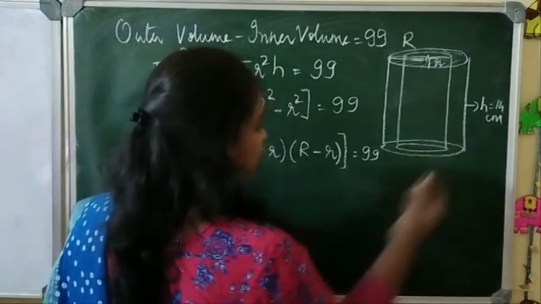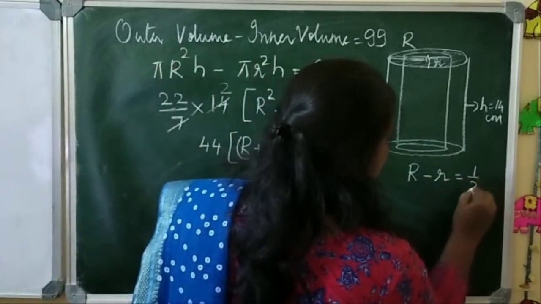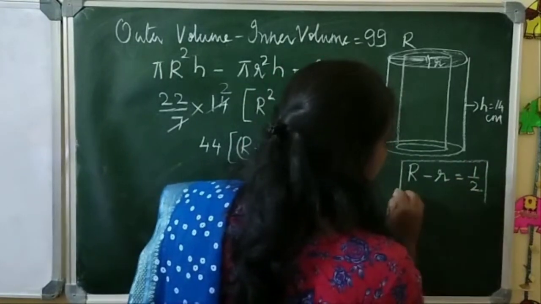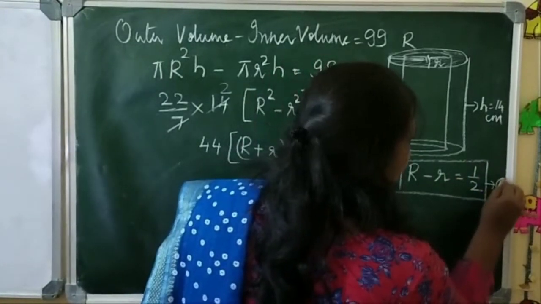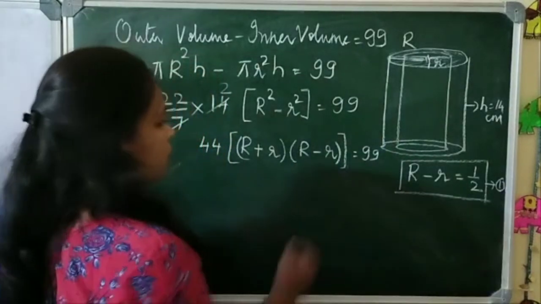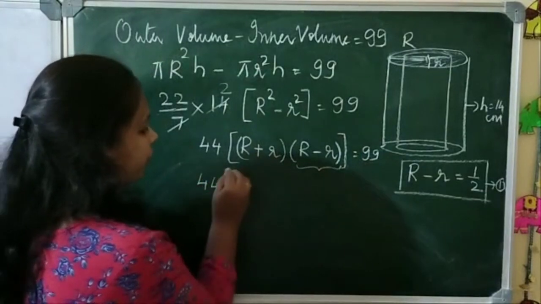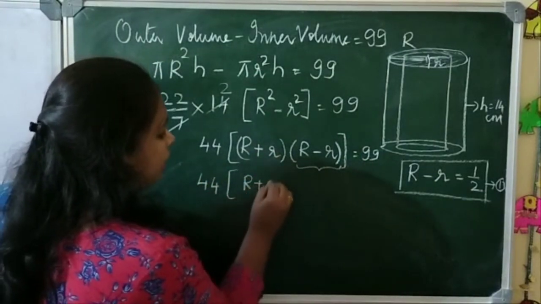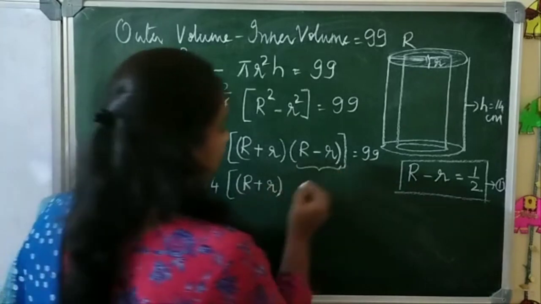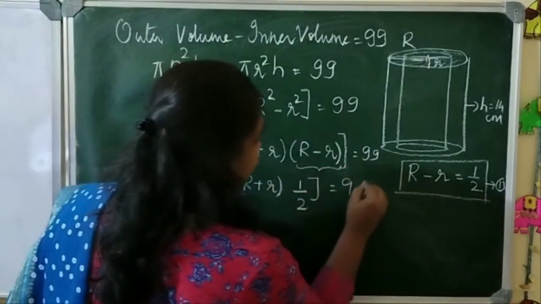So from the previous equation already we have got capital R minus small r is equal to half. This was the previous equation which we got from the surface area. So that we will substitute here. So it will be 44 into capital R plus small r, and this half I will substitute here is equal to 99.